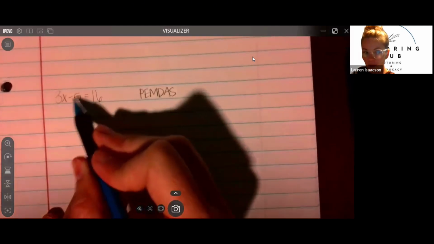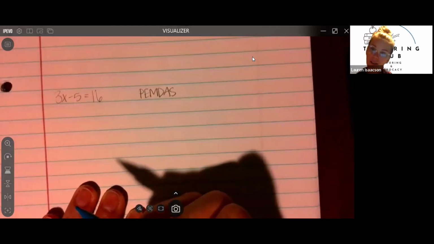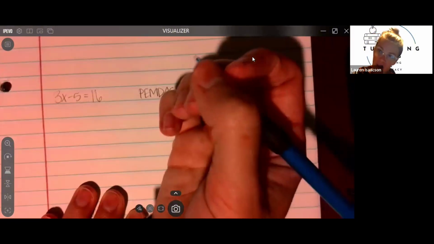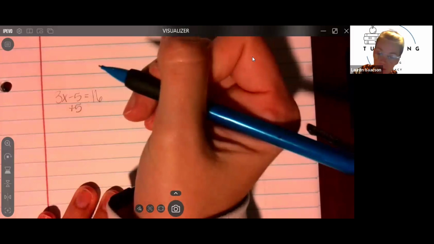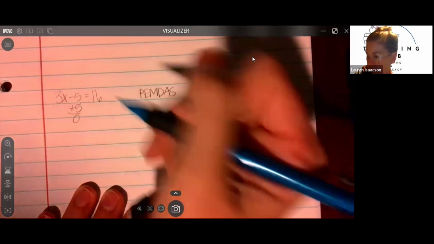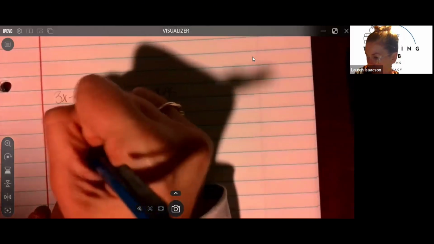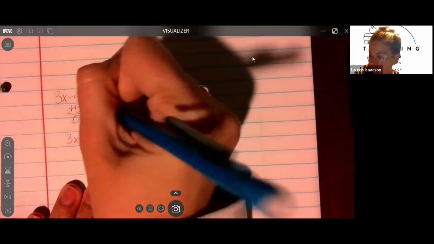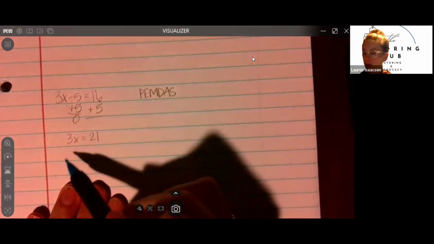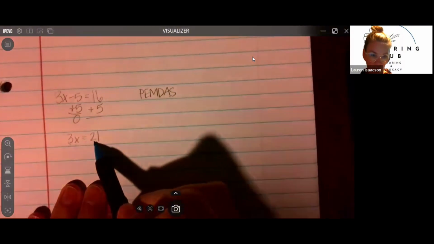I need to get rid of this 5 first. What is the opposite of subtracting? The inverse operation is to add. So negative 5 plus 5, I get 0. Now I have just 3x, and 16 plus 5 is 21. So now 3 times x equals 21.